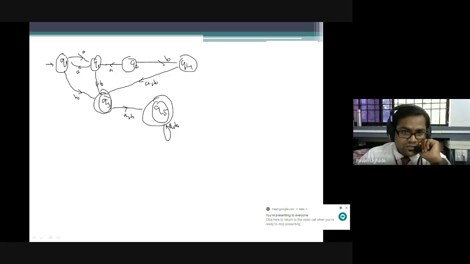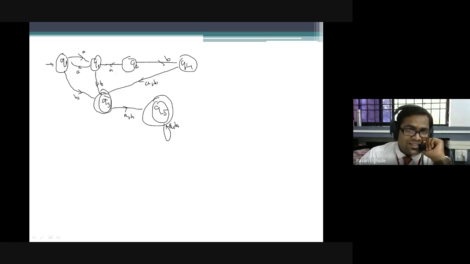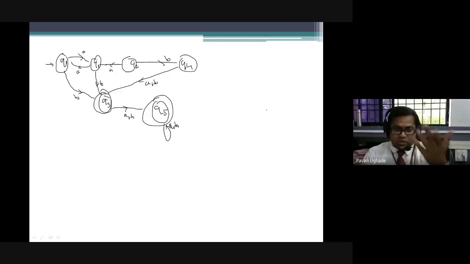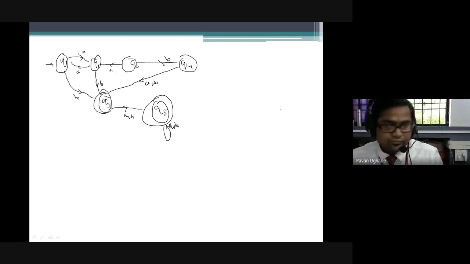As one of the students made a point, the dead state is for rejecting purposes, and the final state is always for accepting. A very important point I must say: a final state can never be a dead state. Now tell me, are you able to find any dead state in this? As you are aware of the dead state, that's why I'm asking.